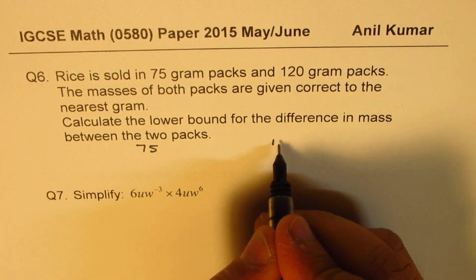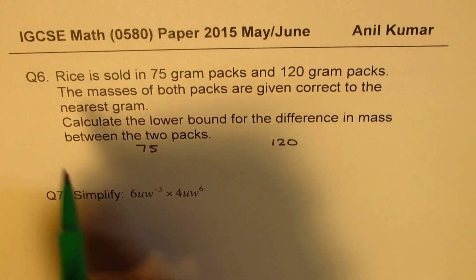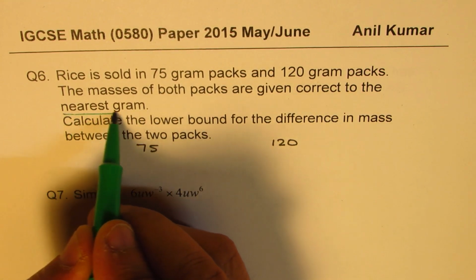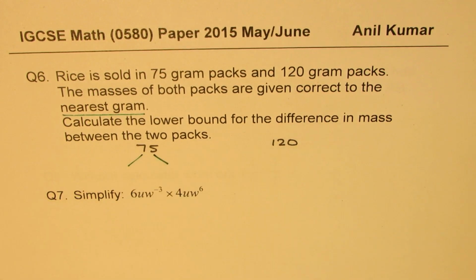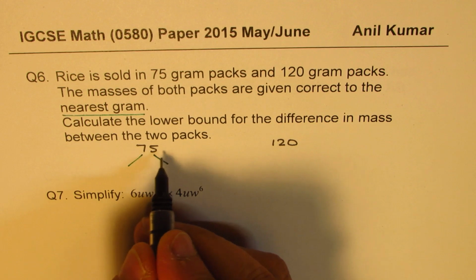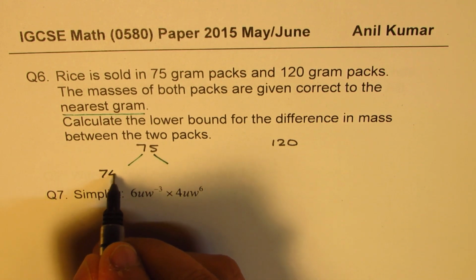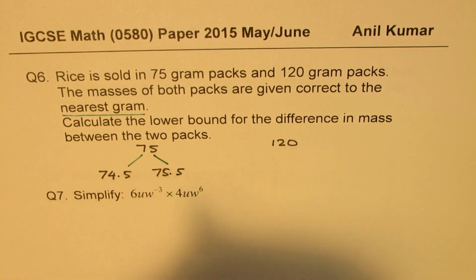And when we write 120, what does it mean? Especially when we are saying that the masses are given correct to the nearest gram. That really means that it has a lower and an upper bound. The lower bound being 0.5 less, 74.5, the upper bound being 75.5, correct?